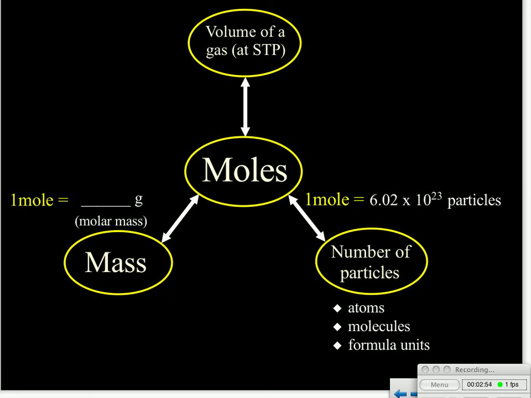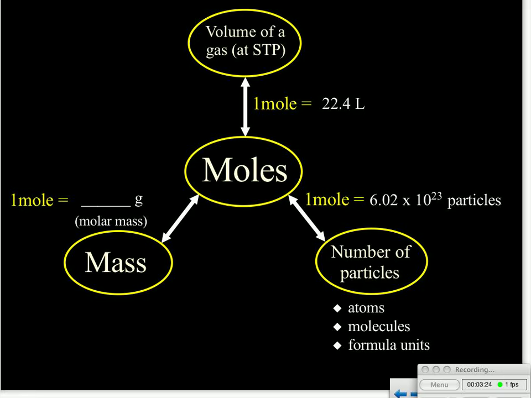What's important is that if you have a gas at standard temperature and pressure, 1 mole of that gas will have a volume of 22.4 liters, and it doesn't matter what gas it is. For gases, what's really important is how much empty space you have between the particles. So we have 1 mole of particles, and it takes up a volume of 22.4 liters.